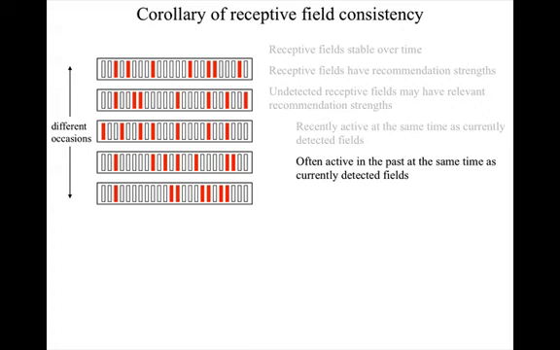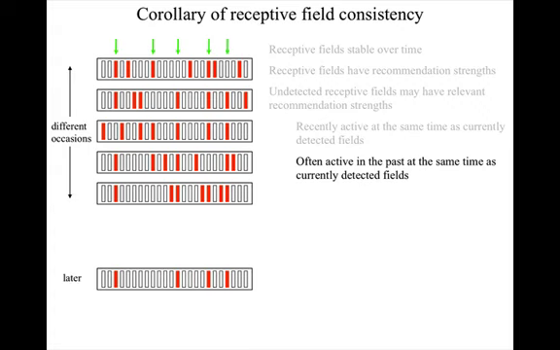On a number of occasions, a different group of columns was active, but suppose also that this column has tended to be active on most but not all of the occasions, and this column has also been active on many of the same occasions, and this one, and this one, and this one. So there's a group of columns indicated by the green arrows at the top that's tended to be active at the same time on a number of past occasions. Lots of other columns have also been active, but not with the same consistency.